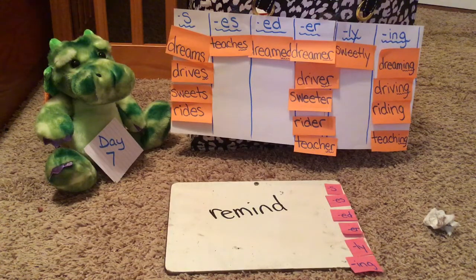Okay, now go back to your base word, remind. So you might want to add that again on your paper. And I want you to make this word reminded. So that's past tense for remind. Like maybe your mom or dad or grandma or grandpa reminded you to do your homework.